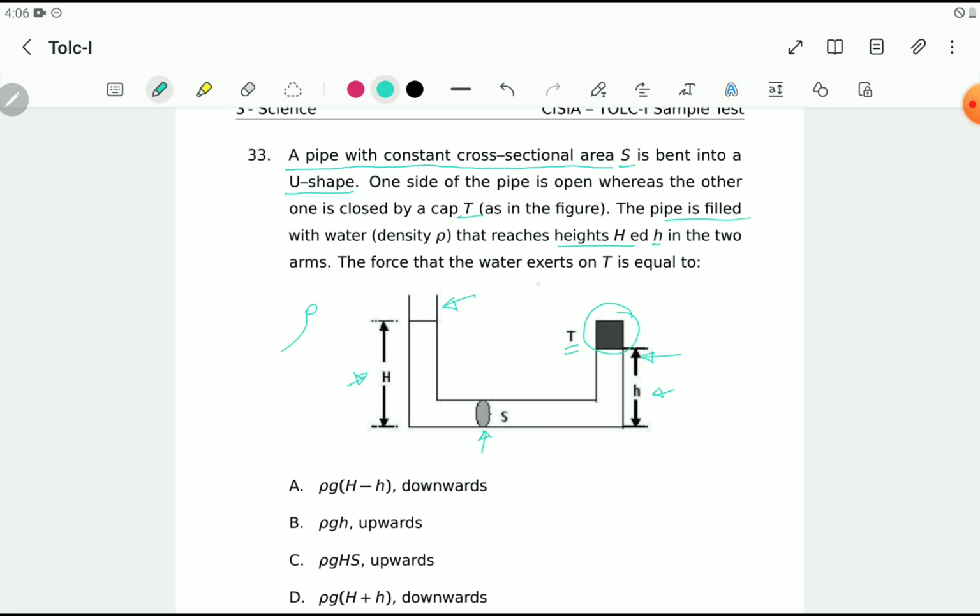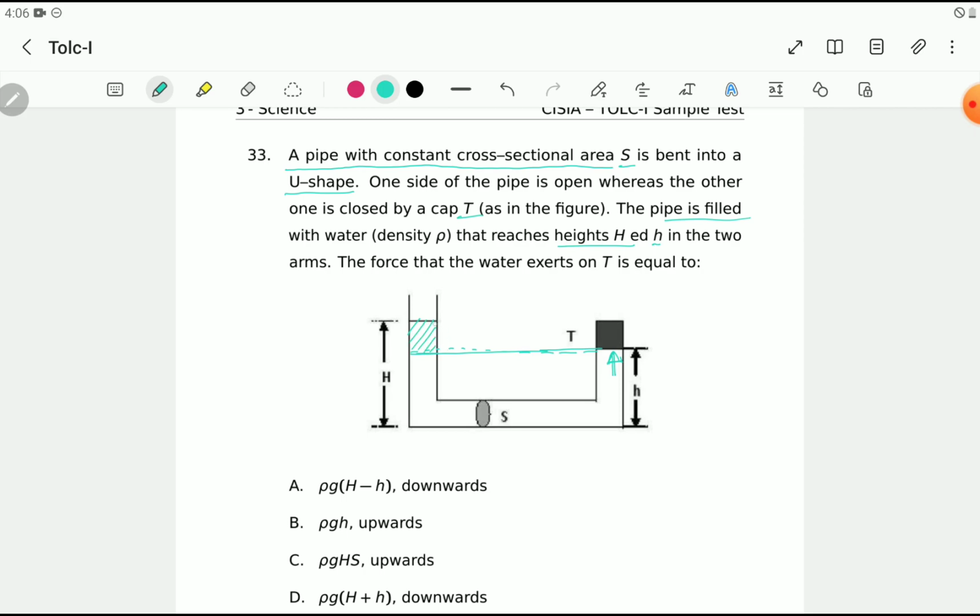The force that water exerts on T is equal to, so the water will force this T in the upward direction. Why? Because if you take a look here, if you just level it, you will see the water level is higher here, right?